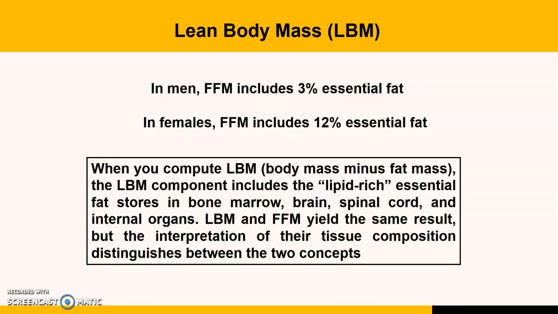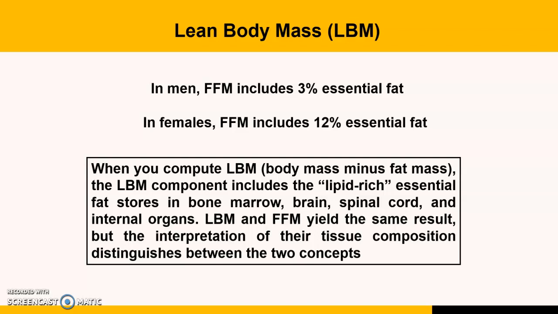So kalau kita tahu tadi, lean body mass dia termasuk antara fat free mass dan juga essential body fat. So kalau dalam man dia punya essential fat adalah 3%. So kalau dekat perempuan the essential fat adalah 12%.